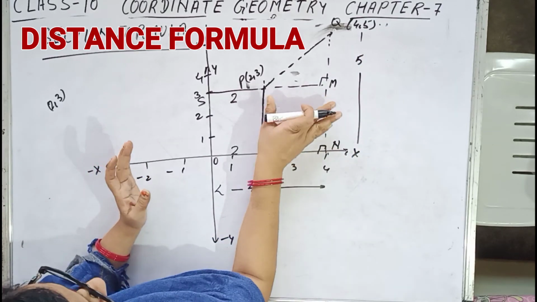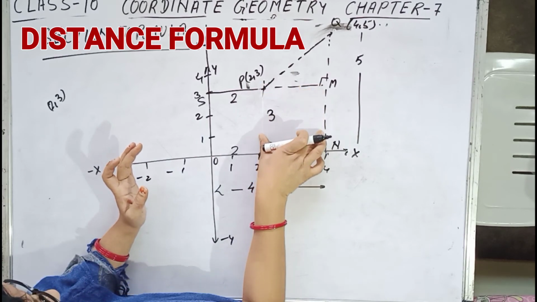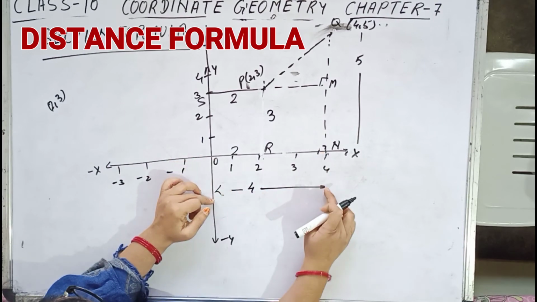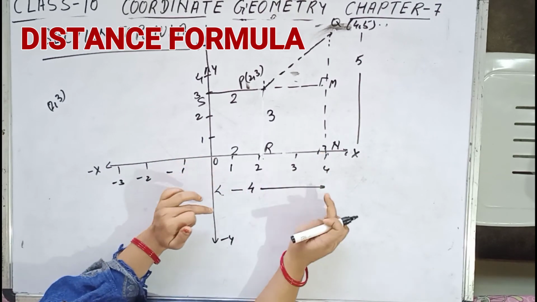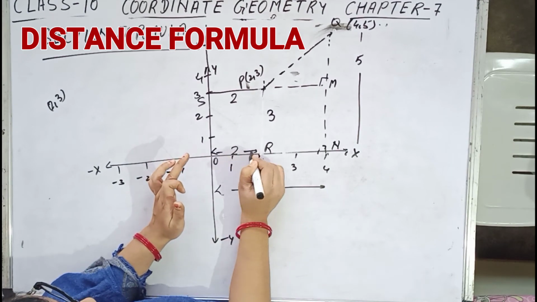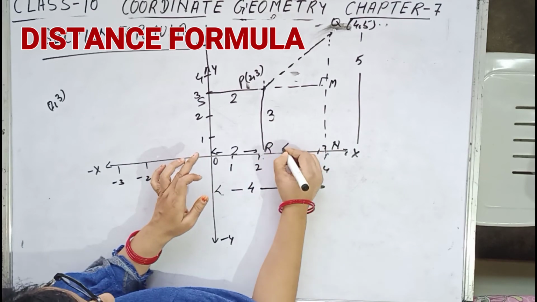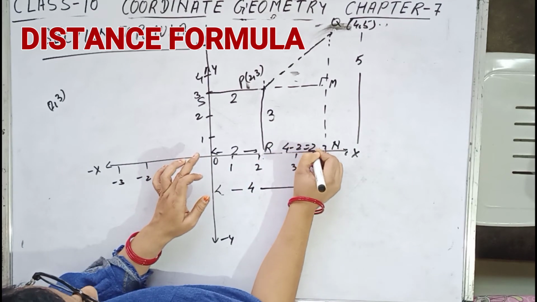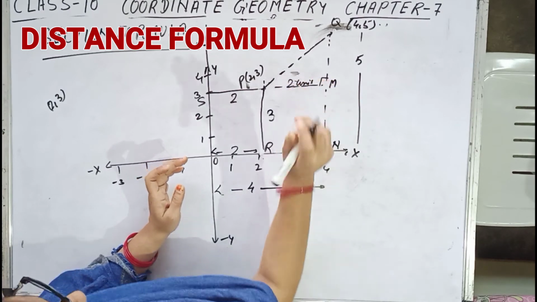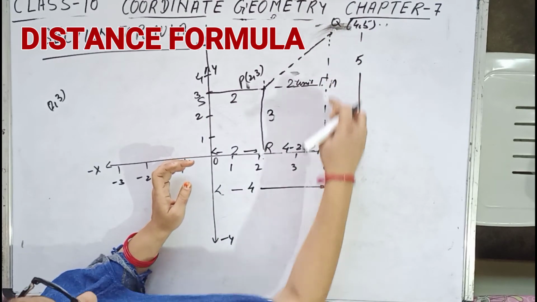Now if I ask you what is the distance PM, obviously you will say that PM equals RN, and RN equals ON minus OR. Now ON is 4 and OR is 2. Therefore RN equals 4 minus 2, that is 2. So PM is 2 units. Now QM equals QN minus MN.